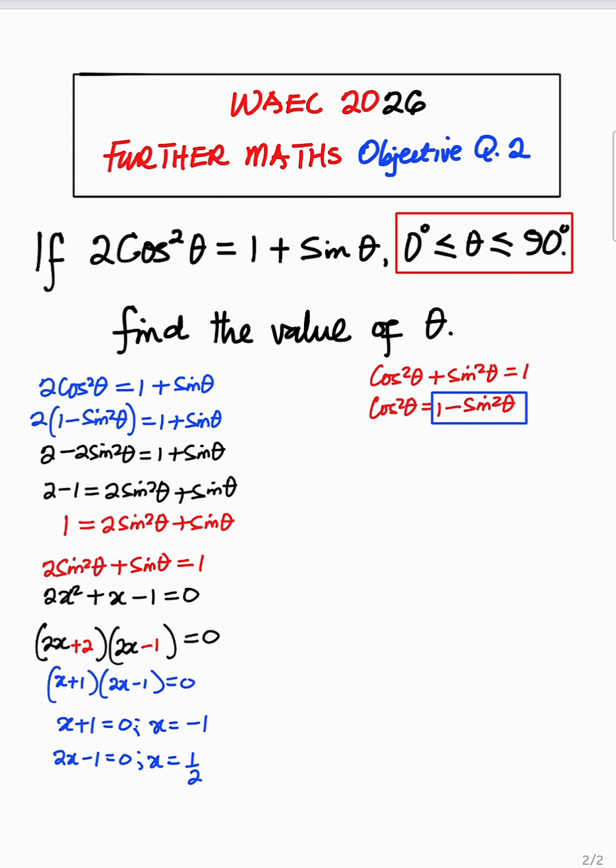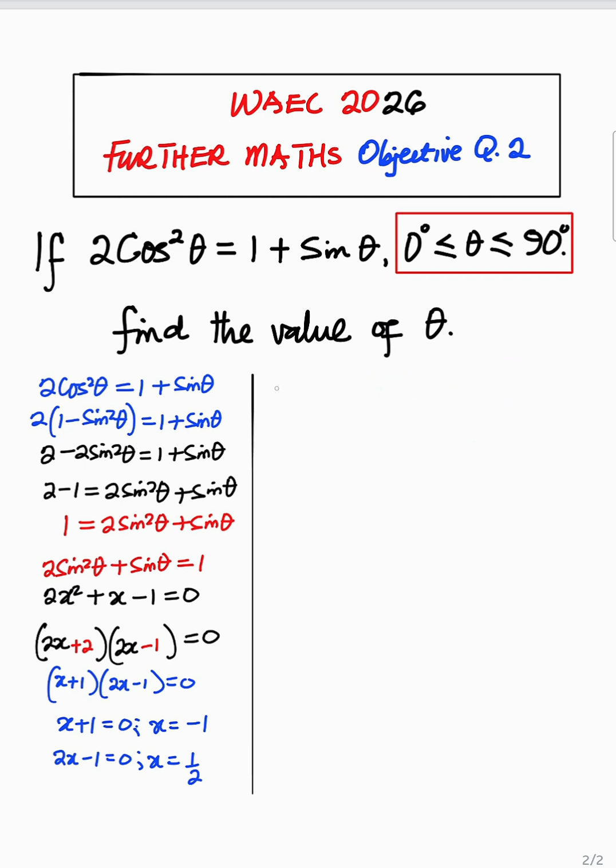So let us now substitute the x for sine theta. Recall that sine theta equals x, and the two solutions for x are x equals -1 and x equals 1 over 2. So if I replace x with sine theta, we have sine theta equals -1, and here sine theta equals 1 over 2.